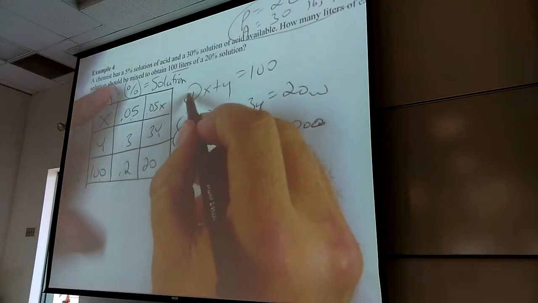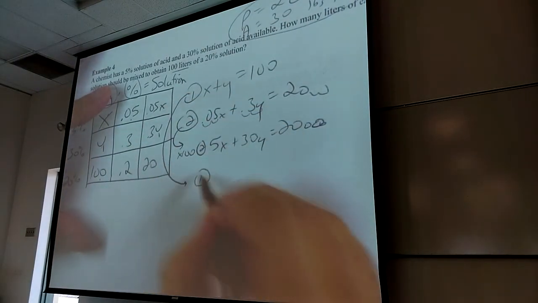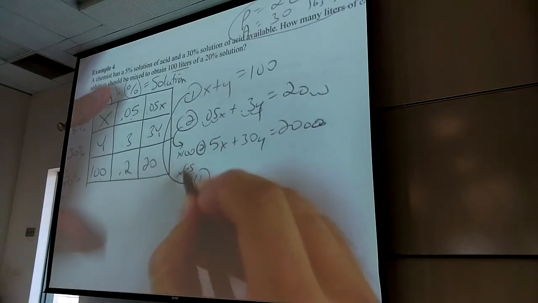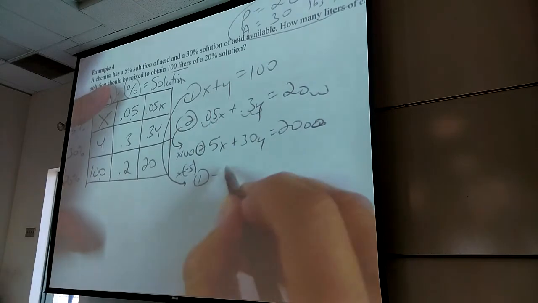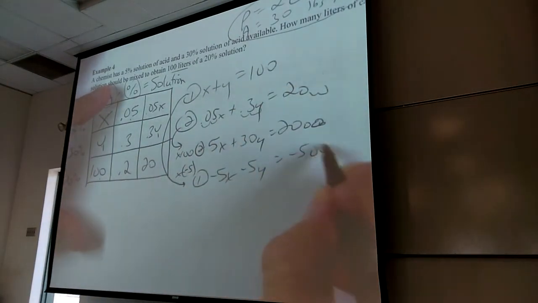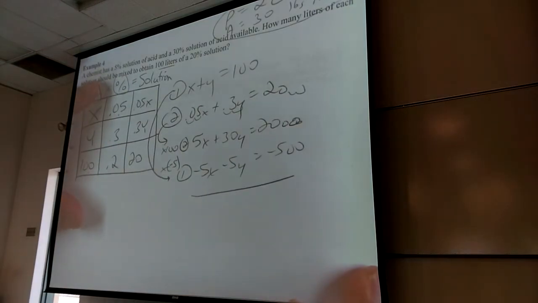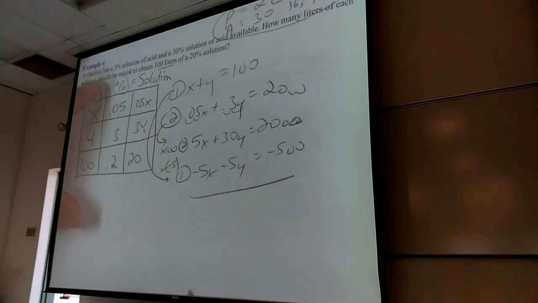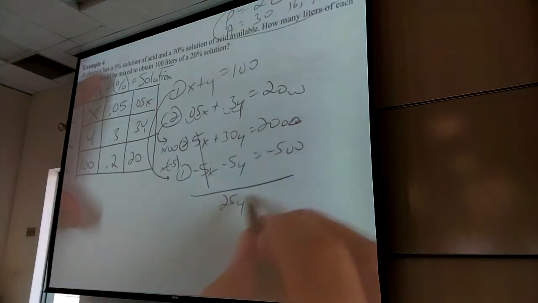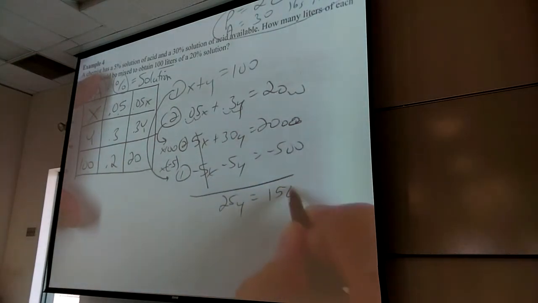I could do elimination by multiplying the first equation by what? Negative 5. So I get negative 5x minus 5y equals negative 500. Now it should be the easy step. 25y equals 1,500.